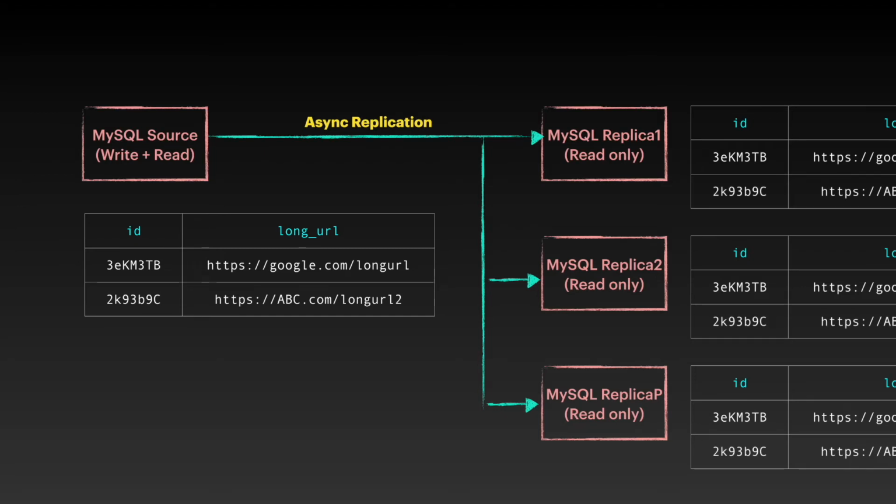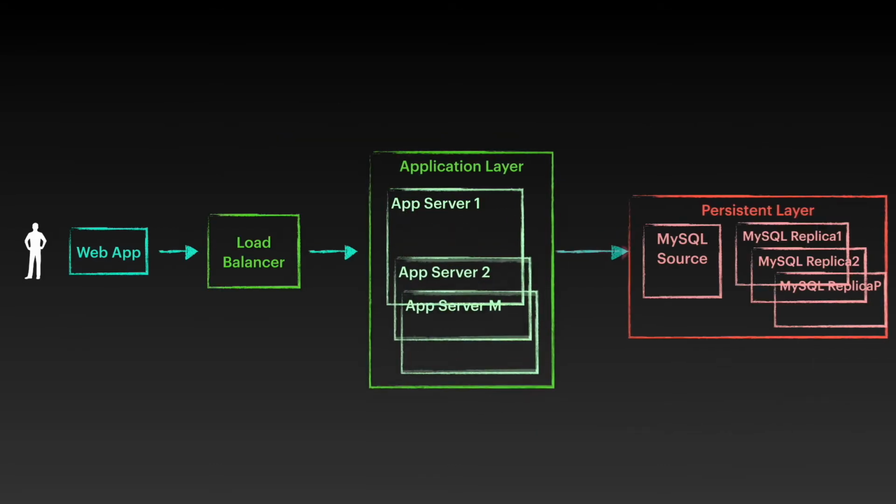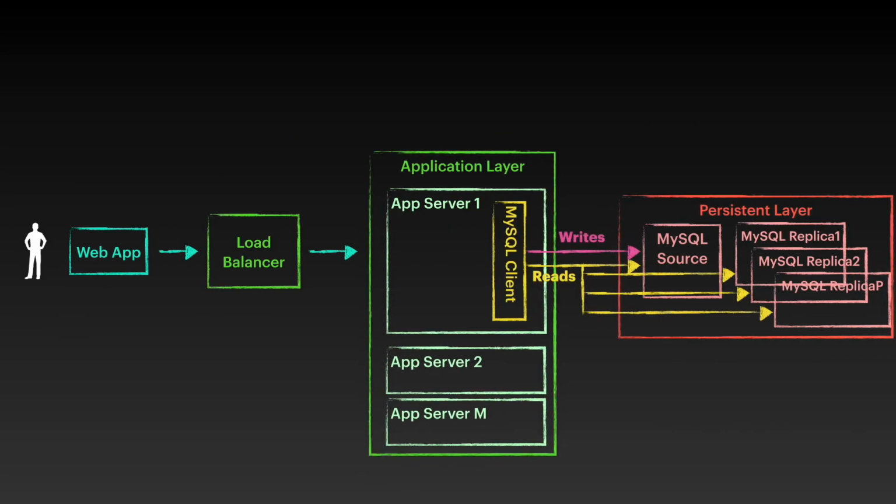Thus, while reading, we can do client-side load balancing to choose one among all the database servers. For the write requests, it has to go to the source database server. That being said, we need to change the MySQL client so that all read requests will be dispatched to one of the database servers in the cluster. Assume we have P replicas, then the read requests will be evenly distributed among P plus 1 database servers.